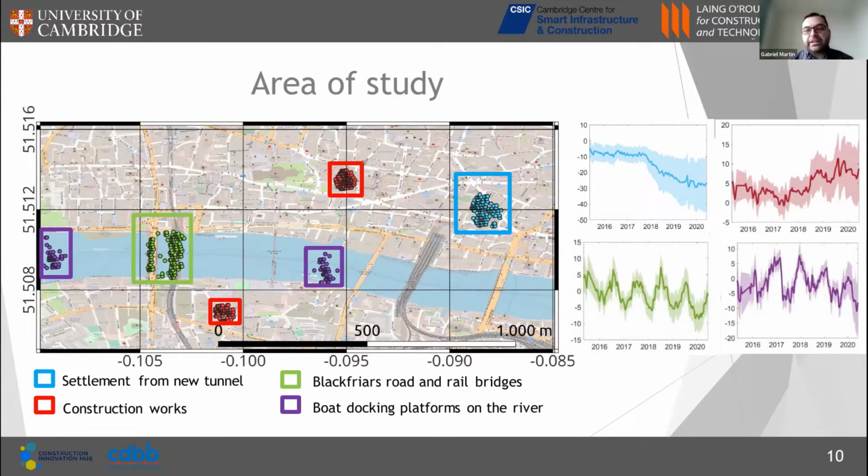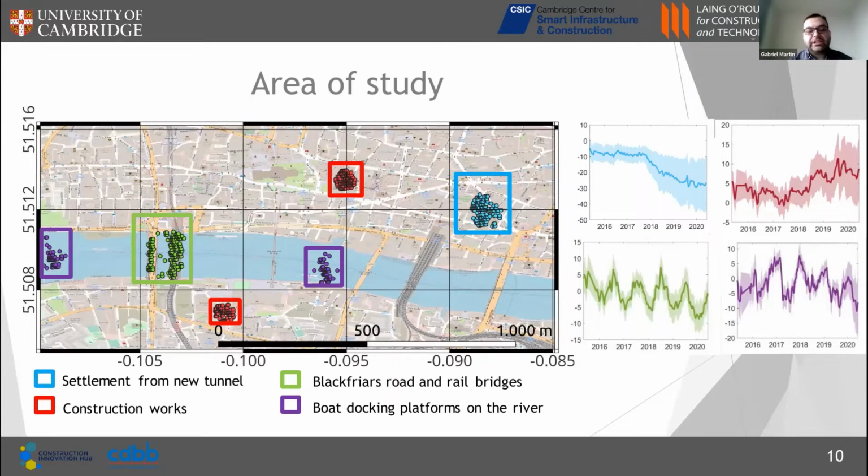Then the red class corresponds to positive displacements. Then we have the green class, which are points over the Blackfriars bridge, which has a very strong thermal dilation and contraction component, and we can observe positive displacements in summer and negative in winter due to the seasonal changes in temperature. And then finally, we have another seasonal component.